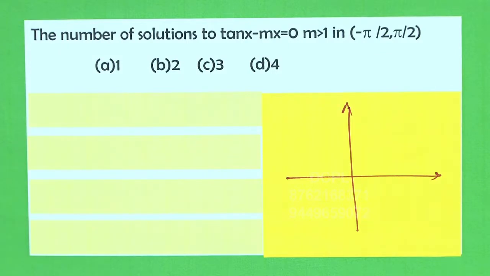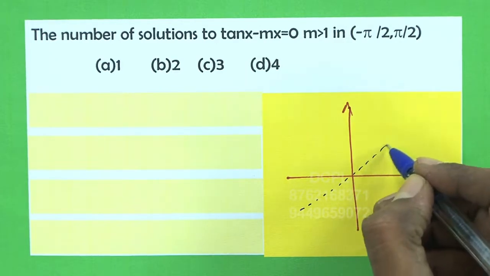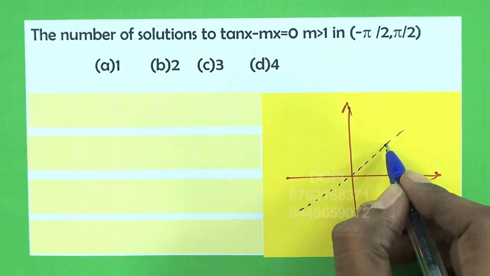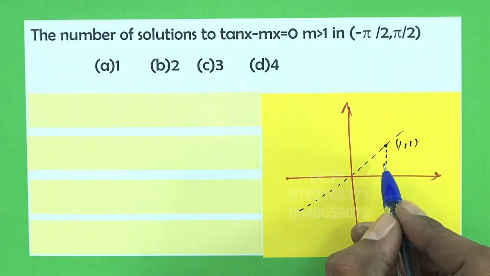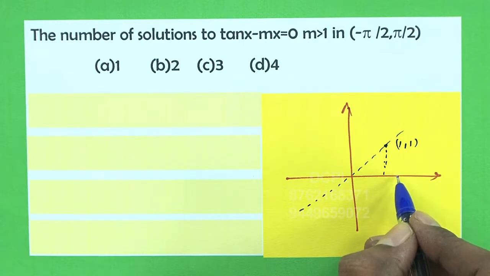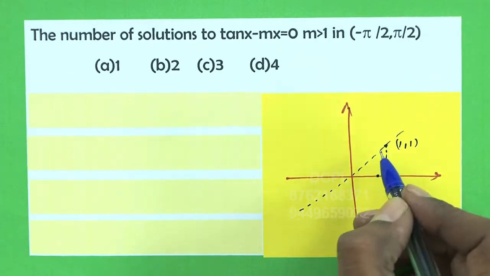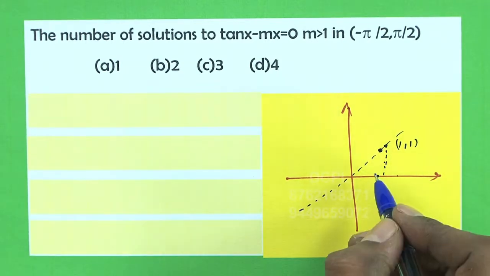This is y is equal to x. When x is 1, y is 1. This point is 1, 1. When x is pi by 4, which is less than 1, y is also pi by 4.